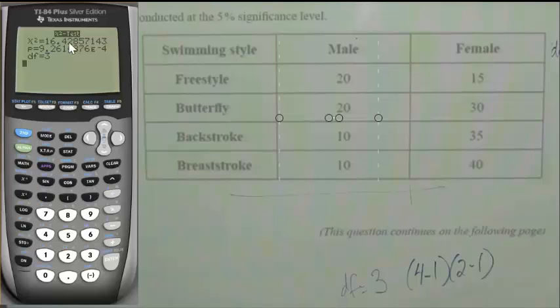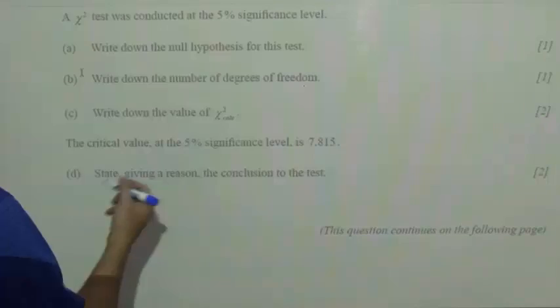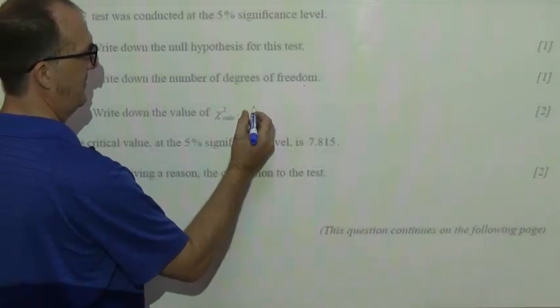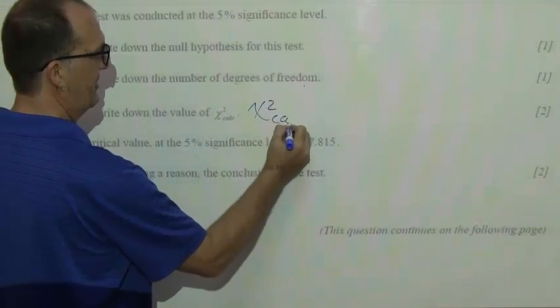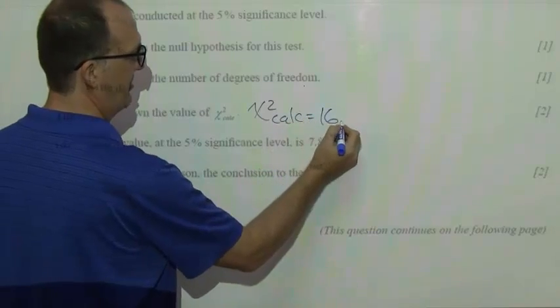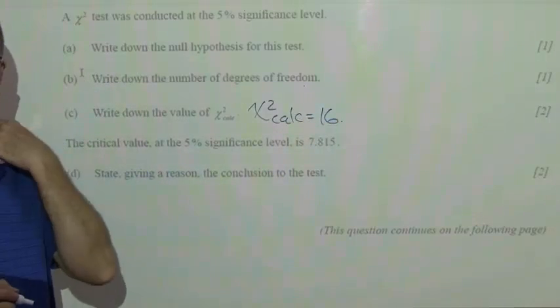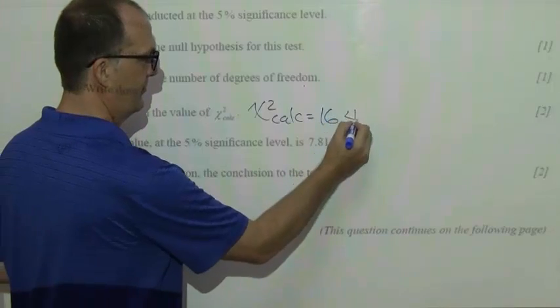And there's our result, 16.42, rounded to 16.4. And notice it also gives you the degrees of freedom if you weren't sure before. So from my calculator, I find out that chi-square calculated turned out to be 16.4.